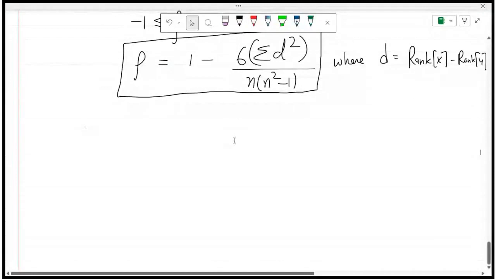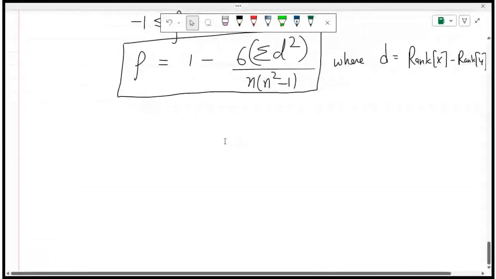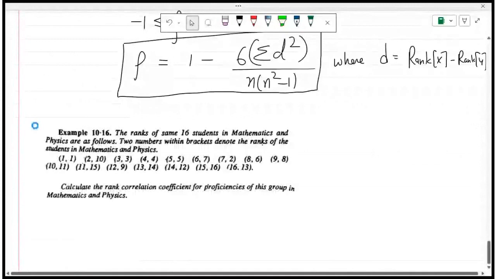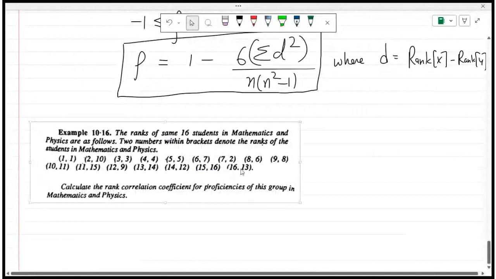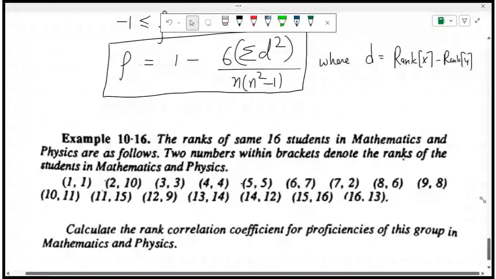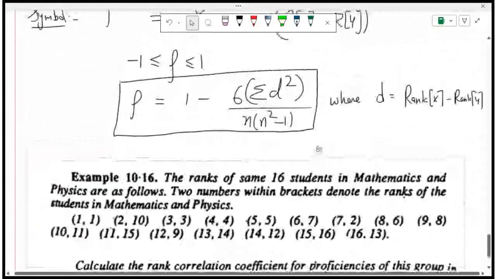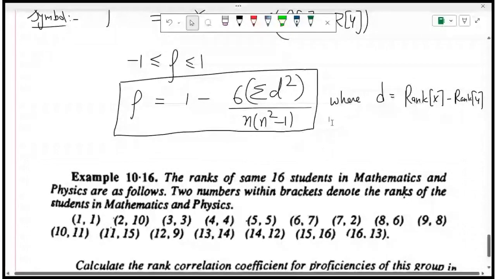I want to paste it here. Students, I also want to tell you one more thing, that this formula is valid if there is no tie in the ranks. What is the meaning of a tie in the rank, we will understand in the next question. But currently, let us do this question.